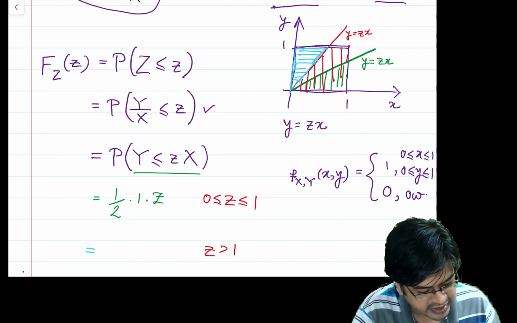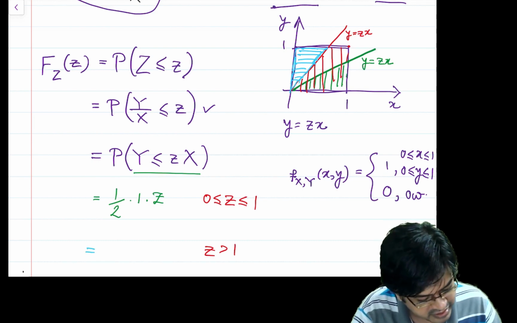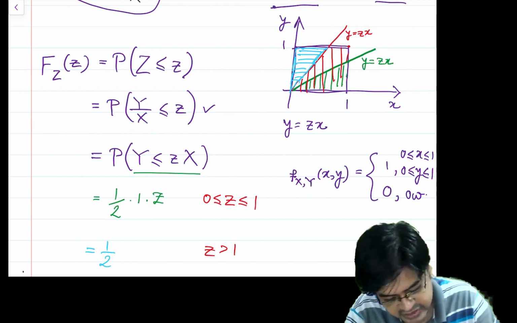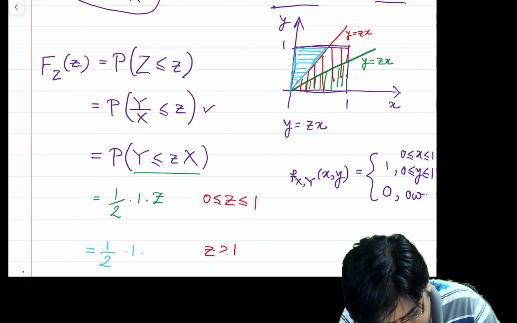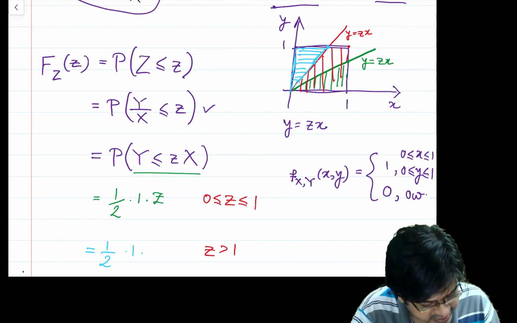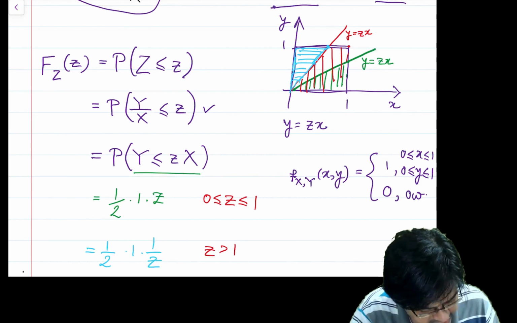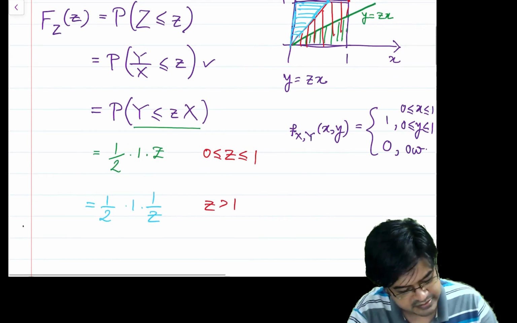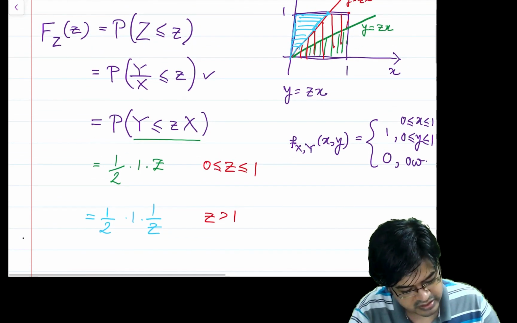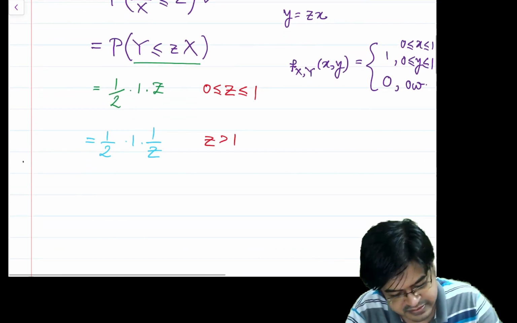So I can write this again as half the base, you can take the vertical base, so it is 1. And what is the coordinate of this point? At this point y is equal to 1, so x is equal to 1 by z. So I can write this as 1 by z. Wonderful. So for z greater than 1, this is the case. For z less than 1, this is the case.